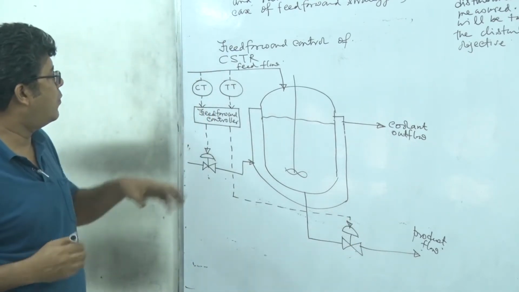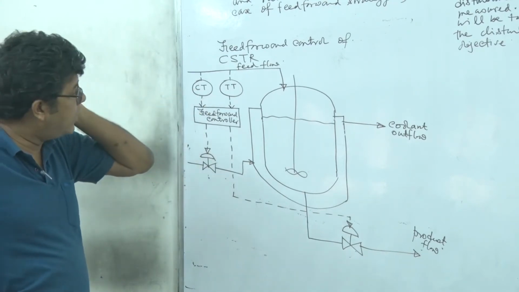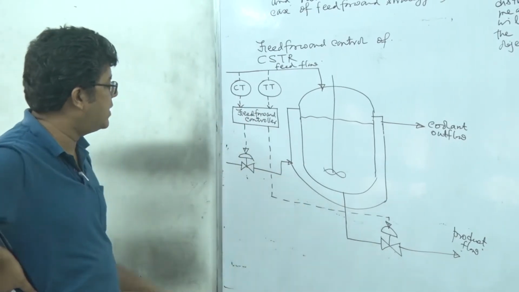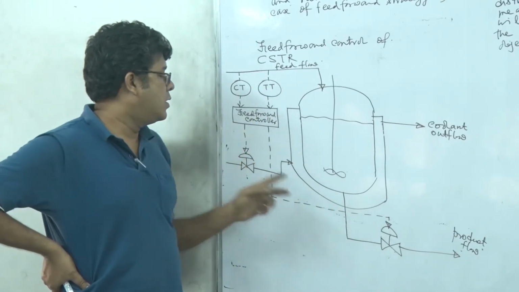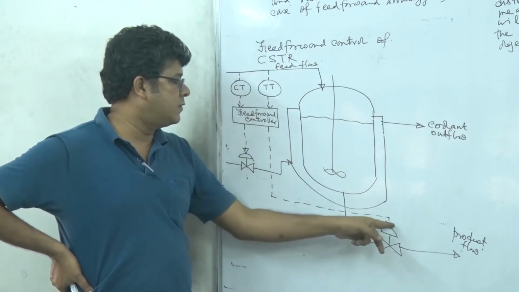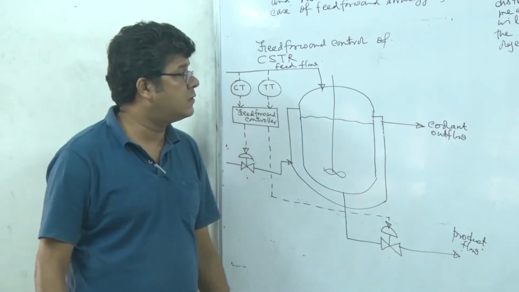Right? So once this composition deviates from its set point, or the temperature changes from its set point, both the valves are being operated. Specifically for temperature, these valves will be operated, whereas for compositions we have to operate these valves, if I have to go by one-to-one correspondence.